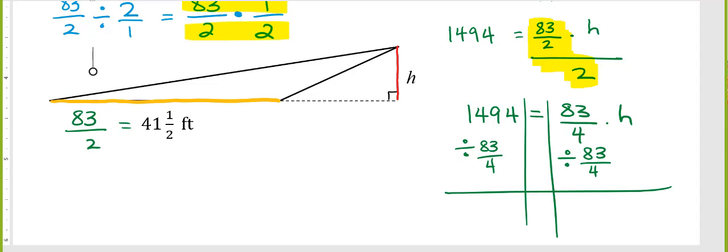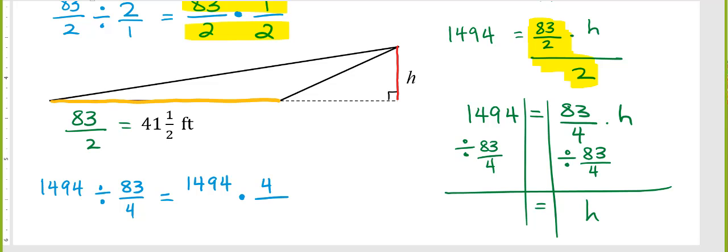So h will equal, yuck, I want 1,494 divided by 83/4. So that's going to be 1,494 times 4 over 83.